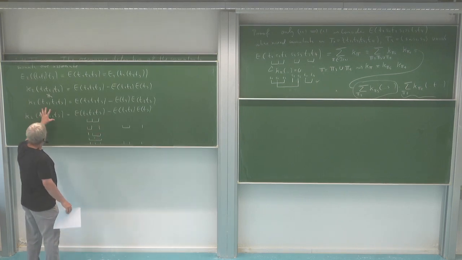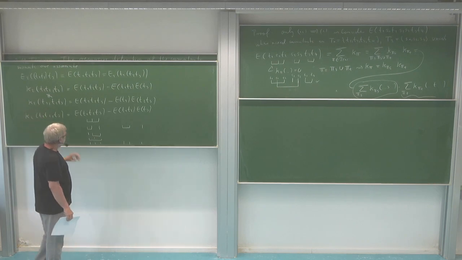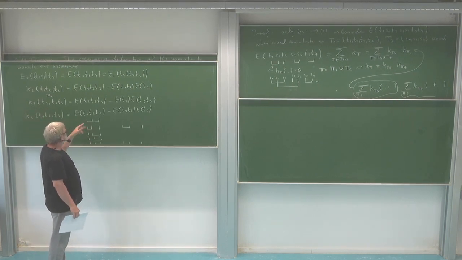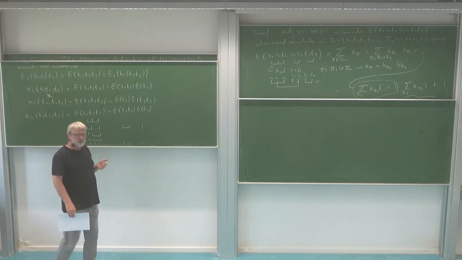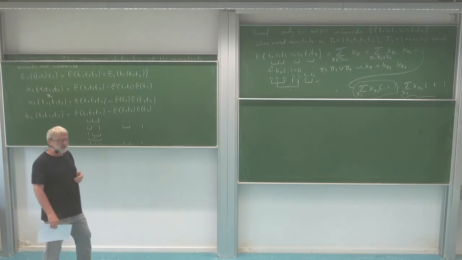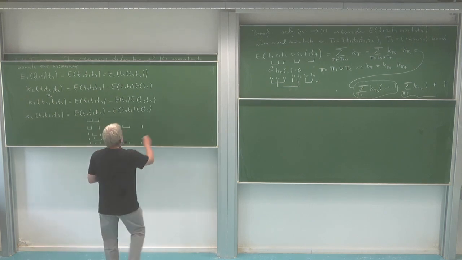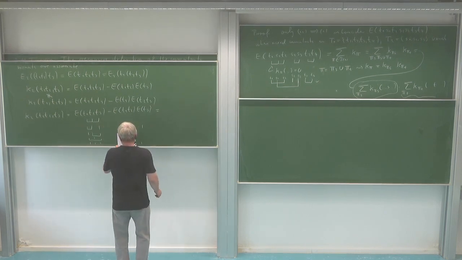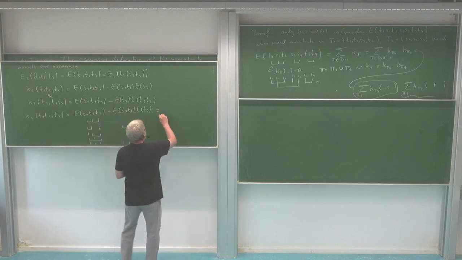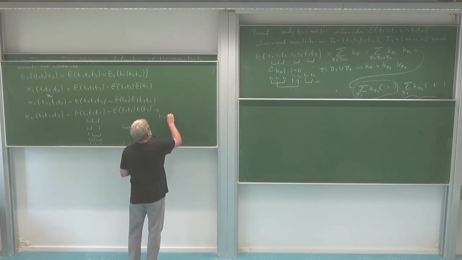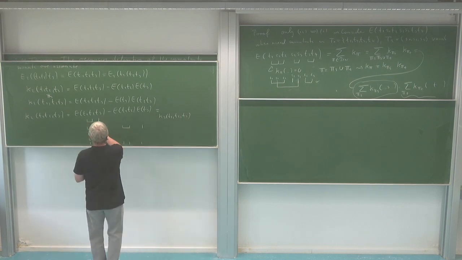So I get here a formula which expresses this as a sum over now only 3 terms, and those are really given in the usual form, that I take a product of cumulants according to the blocks. So what remains is this term, kappa 3 of T1, T2, T3. This is gone away.